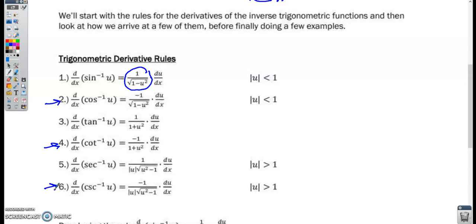When we develop the rule for the arc tangent, that's pretty much the same as the way we develop the rule for the arc cotangent. And again, same thing, if we develop the arc secant, it's pretty much the same as the development for the arc cosecant. And so we're going to actually develop rules 1, 3, and 5 here, the rule for arc sine, arc tangent, and arc secant.